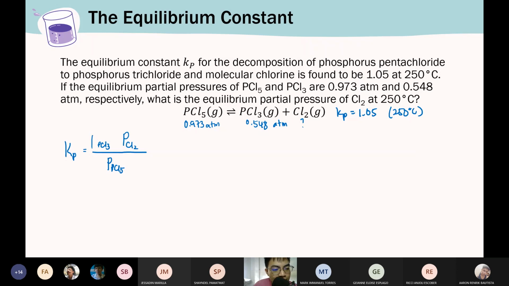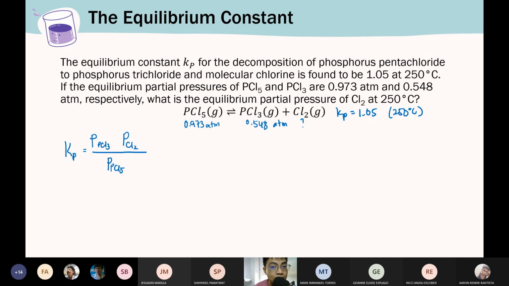This is the Kp expression for the problem. I highly suggest that you make the letter P big, because if it's the same size as the others, you might think it's phosphorus. So make the letter P big.